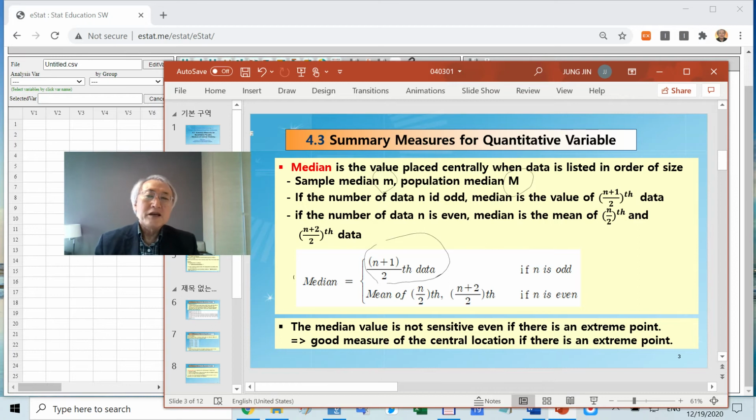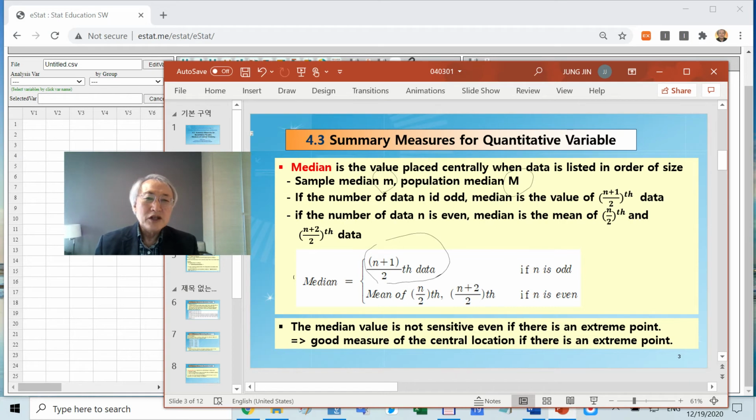But suppose you have an even number. Suppose you have 8 data, then it is not easy to distinguish the middle. Therefore, if you have 8 data arranged in order, maybe the 4th and 5th, you may consider both are in the middle.